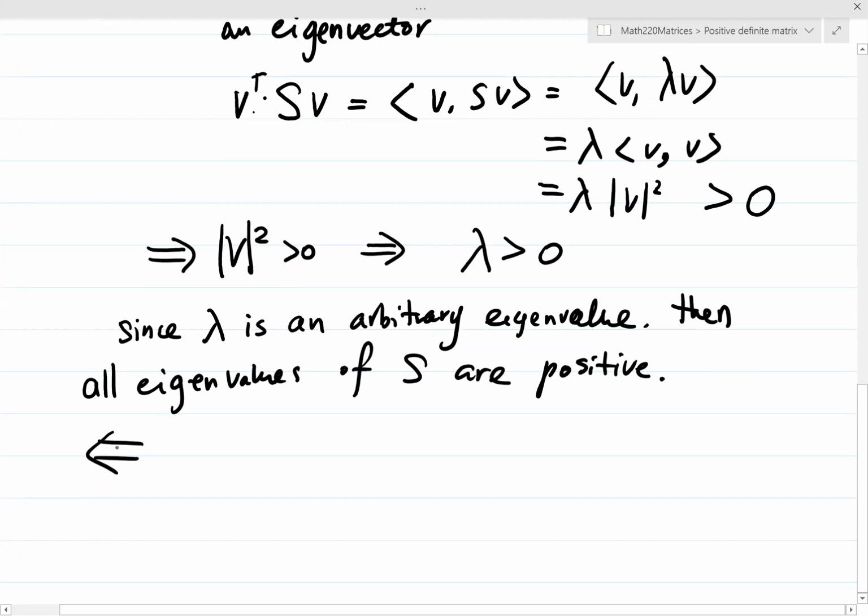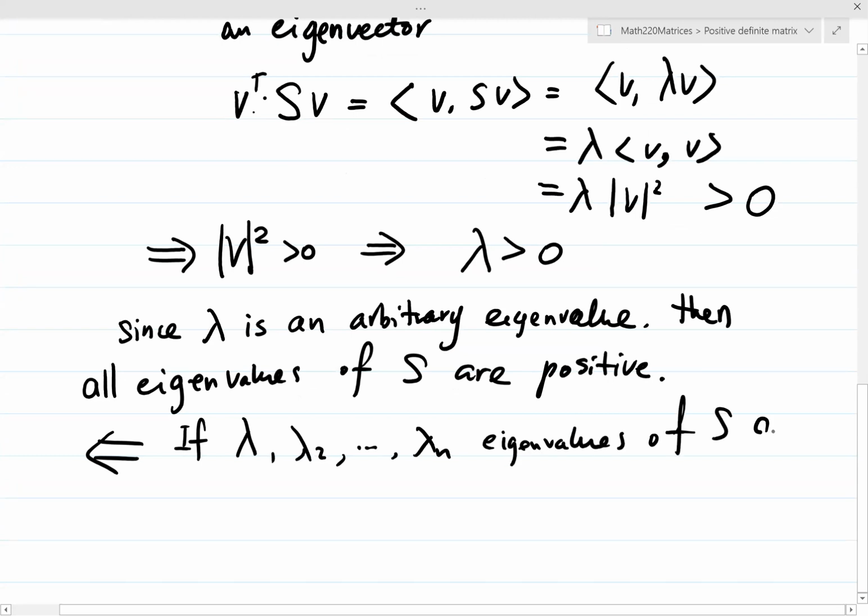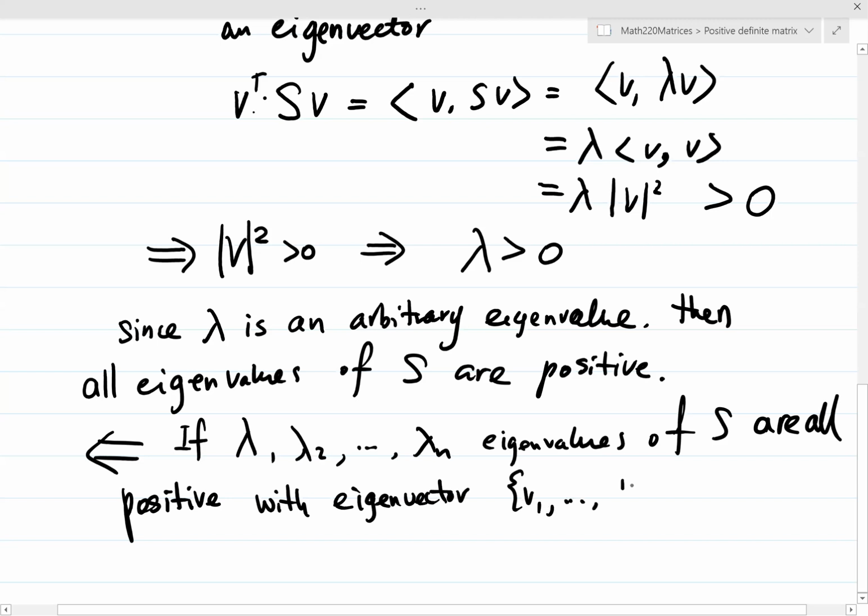Now if lambda 1, lambda 2, ..., lambda n, the eigenvalues of S, are all positive with corresponding eigenvectors v1, v2, ..., vn.